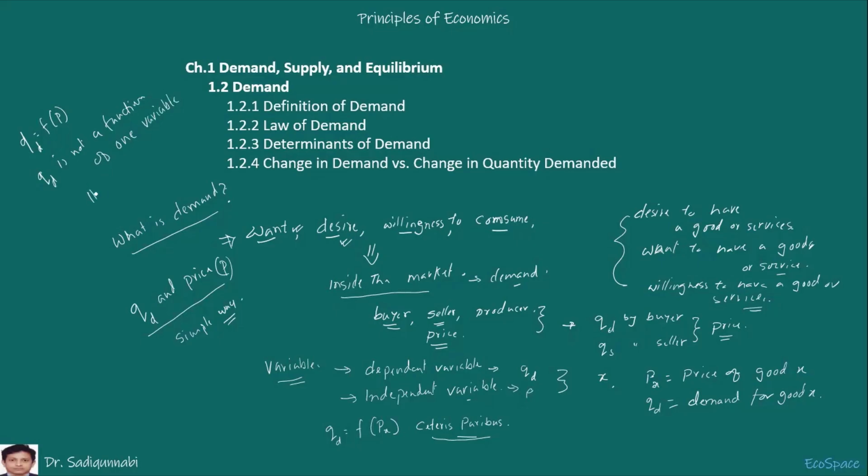There are multiple variables that cause the QD. So it is not that only price is the cause to impact on quantity demanded. I can make a list of the other determinants or other variables.